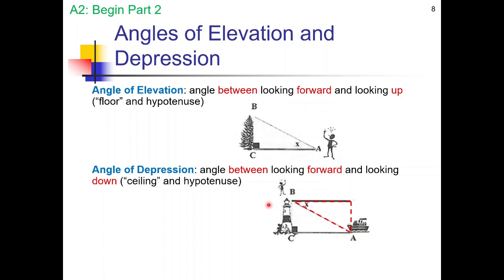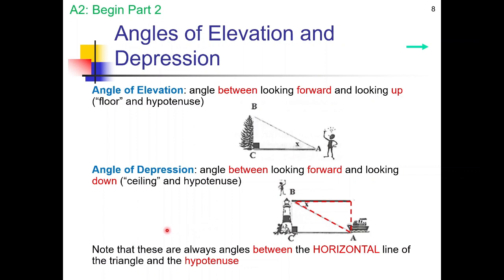For whatever reason, with angle of depression, people get mixed up a little bit, and a lot of people think that it's actually this angle right here between looking down and looking at the object, and this is never an angle that we use in these situations. So these angles, whether it's elevation or depression, are always going to be the angles between the horizontal line of the triangle and whatever your hypotenuse is.